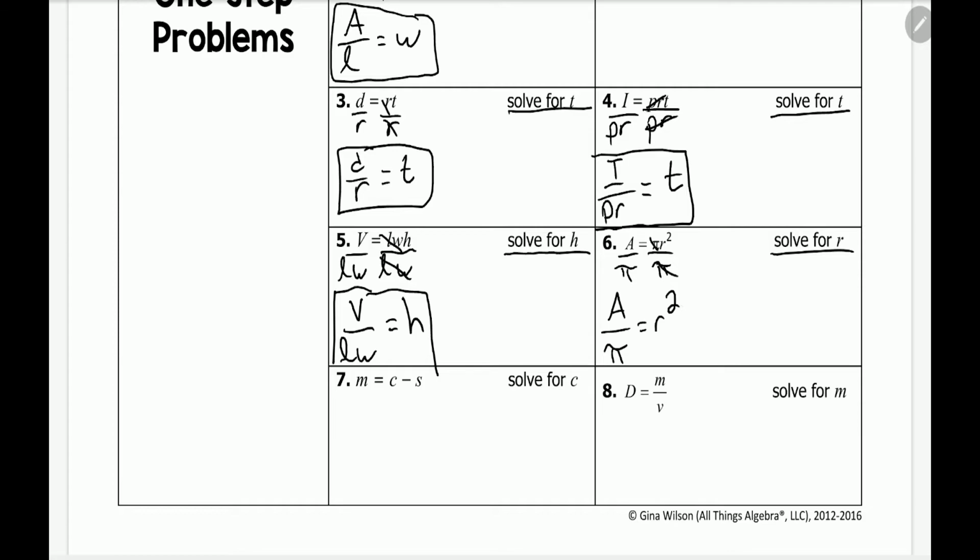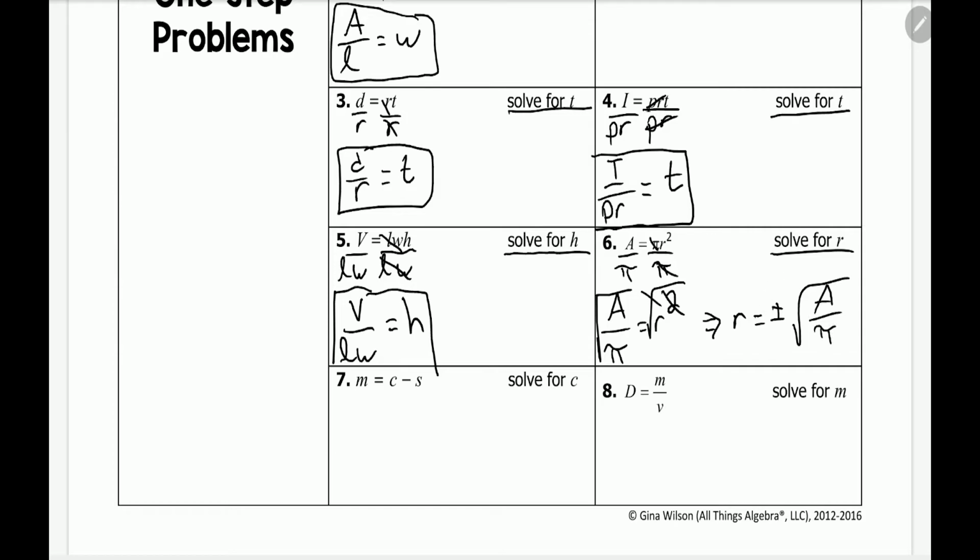But we're not finished because we have to get r instead of r squared. So we have to get rid of the squared. In order to do that, we have to take the square root of both sides. When that happens, the square root cancels with the square. We're left with r is equal to plus or minus the square root of A over pi.